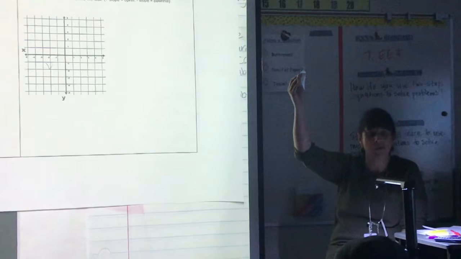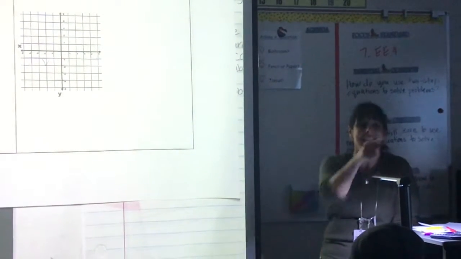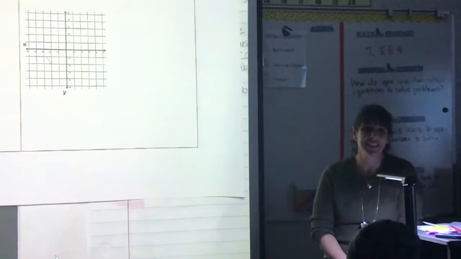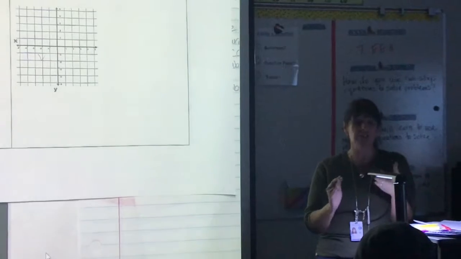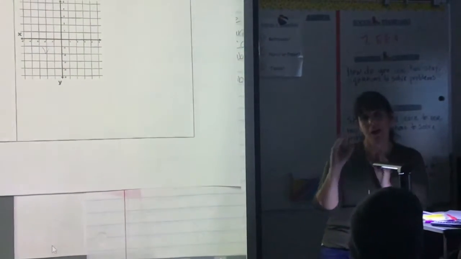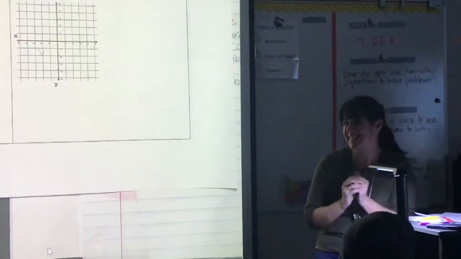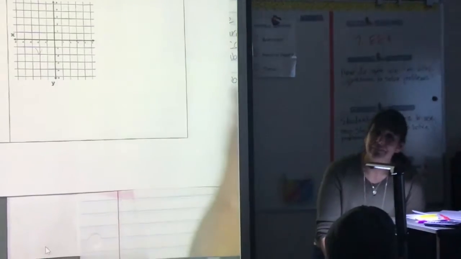If you have a whole number, how do you turn it into a fraction? Yes? Do you make it into a decimal? Not a decimal. So fractions and decimals are similar, but to make a whole number a fraction, yes? You have to put the 1 under. Yes, you put the 1 under, perfect. Okay.